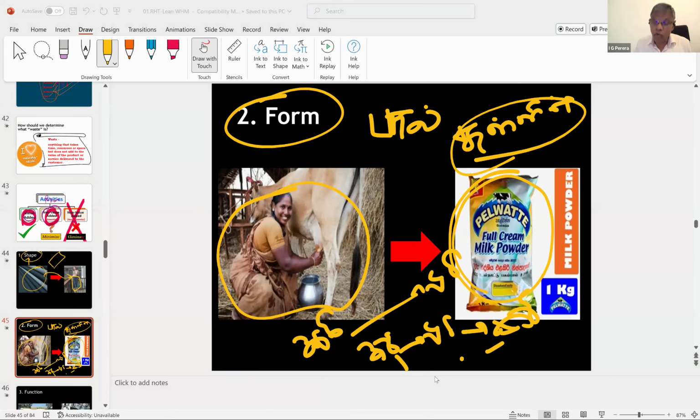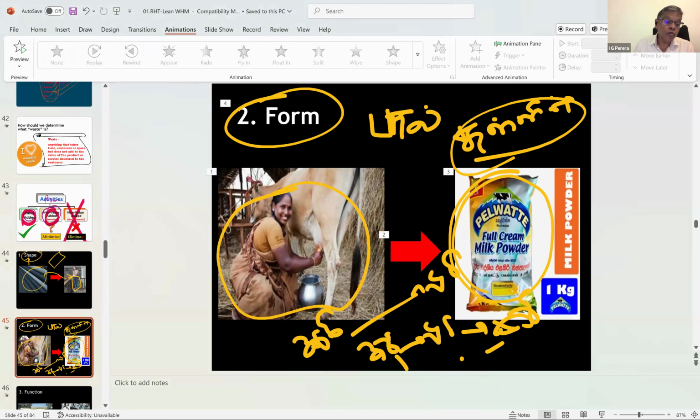We are changing the form, value adding function. කිරි පිටි කළත් පිටි කිරි කළත් customer කැමති විදිහට නම් ඒක වෙන්නේ form එක වෙනස් වෙනවා. In chemical engineering, almost 100% this is happening. We are changing the form. So there are two things now. Either you are changing the shape, it is value adding, or you are changing the form, that is also value adding. Then you have these kind of activities.